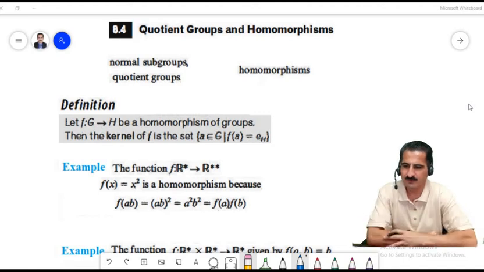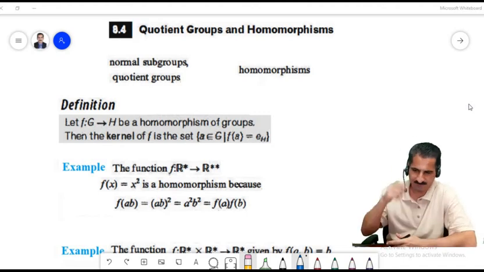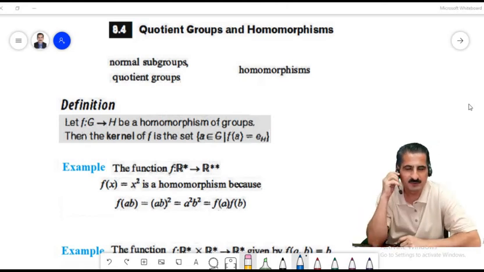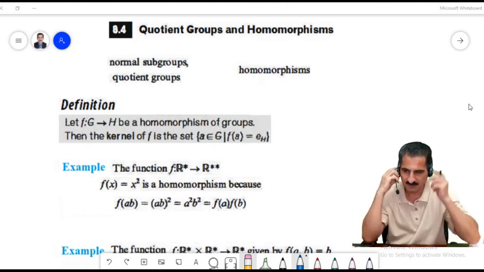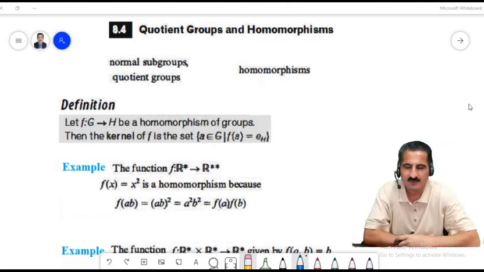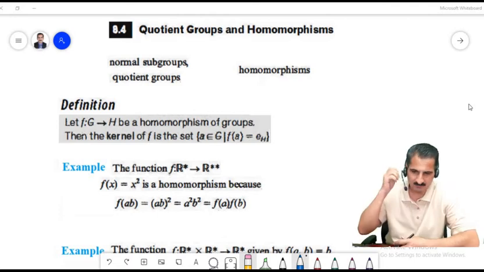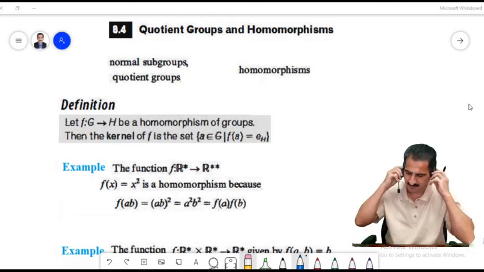So, quotient groups and homomorphisms. We learned about the quotient group and how you form it: given a normal subgroup N of G, we can construct a quotient group.